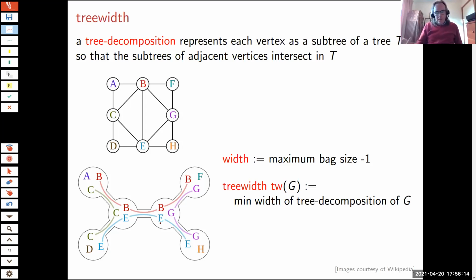In fact, graphs have treewidth 1 if and only if they're a forest. And treewidth turns out to be a very good, robust measure of what it means to be like a tree. It's also a minor closed class, graphs of treewidth at most k for any integer k. Okay, that's the definition. You don't really need to know that for the talk. Just think bounded treewidth means simple like a tree.